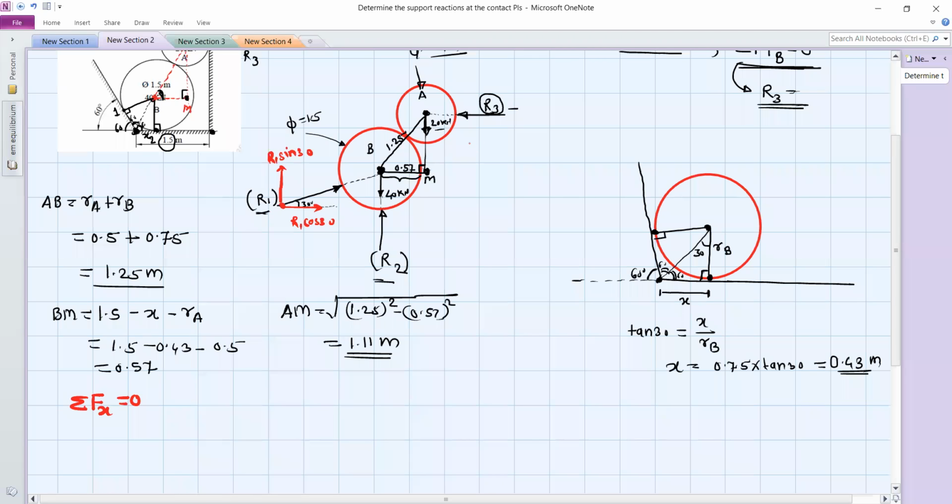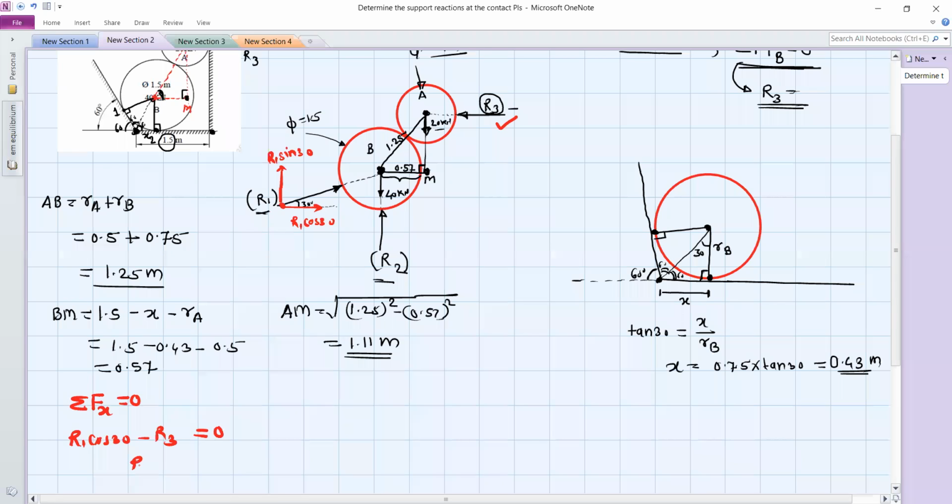Okay, and all other forces are exactly horizontal or exactly vertical. So summation Fx will be R1 cos 30 positive, then minus R3, this force. Only two forces in the x direction, and this is equal to 0.